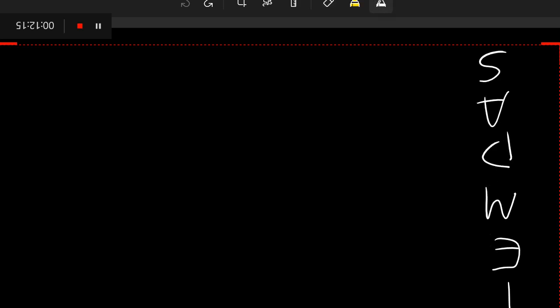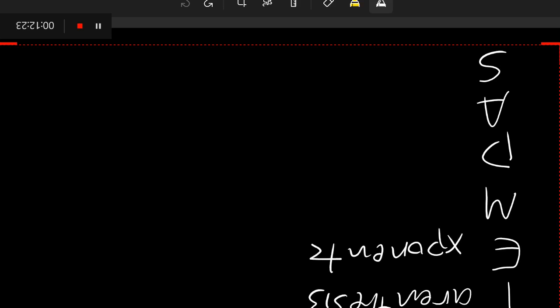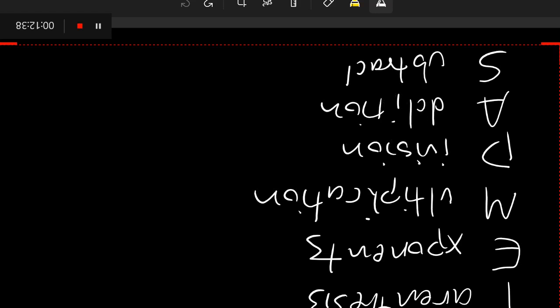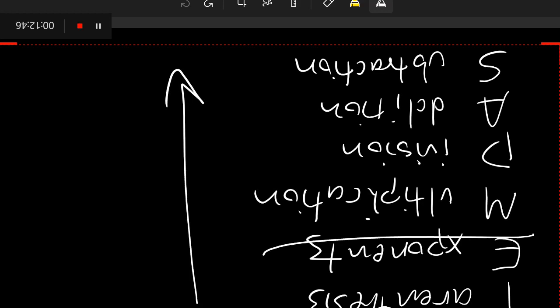You may have heard of it before, and it stands for parentheses, exponents, multiplication, division, addition, and subtraction, going down like this. Of course, you may not know what exponents are. Parentheses, you should know. These are parentheses.